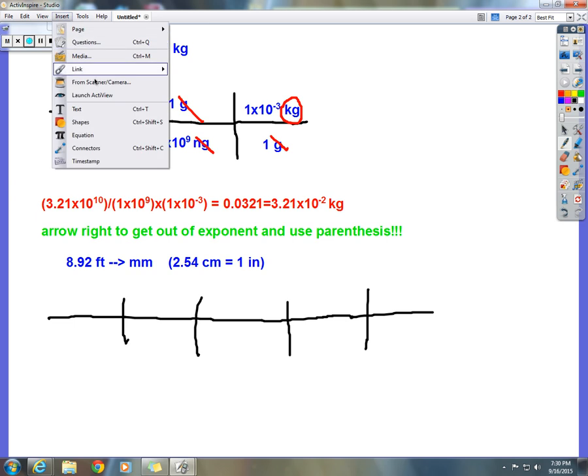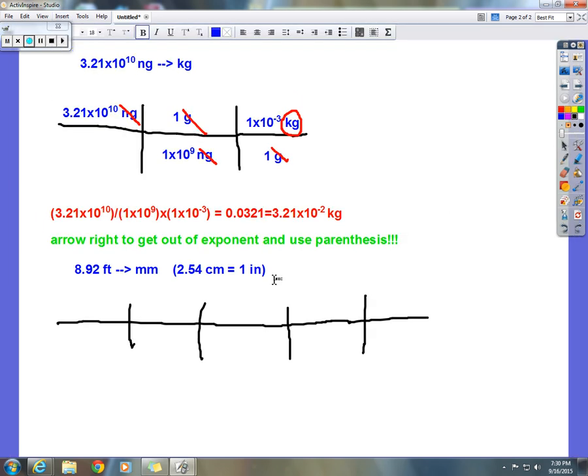So we are going to start with what we know. We know 8.92 feet. Okay? Now we need to get out of feet, so we're going to have feet on the bottom here, but we need to get into, what do we know we need to get into? I know inches in a foot, okay, and I know centimeters in an inch, so that's going to get me into metric units, so that's probably a good way to start.